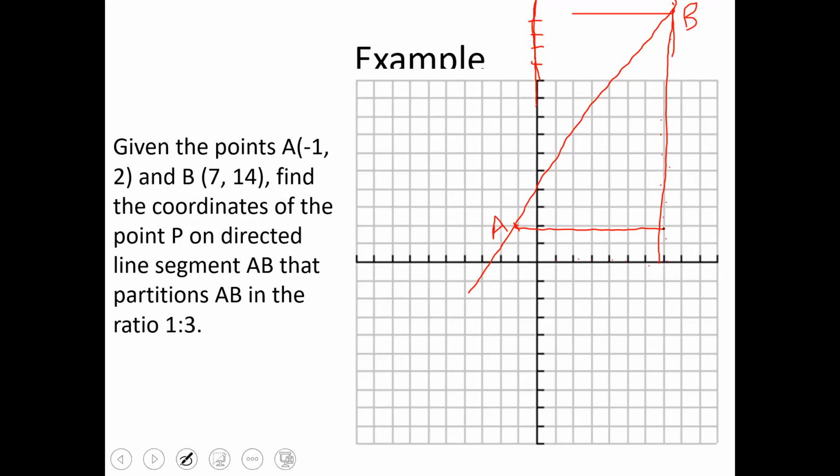So rise over run is 2 over 1. And now for every time I go up 2, I'm going to go over 1, right? So I'm going to go up from A, 1, 2, over 1.